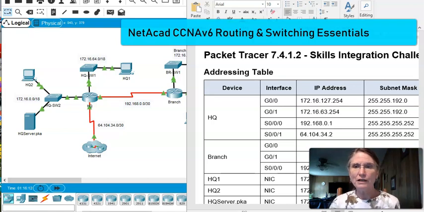Hello! Today we are going to be working on the Skills Integration Challenge that is built into the Cisco Networking Academy Routing and Switching Essentials course in Chapter 7.